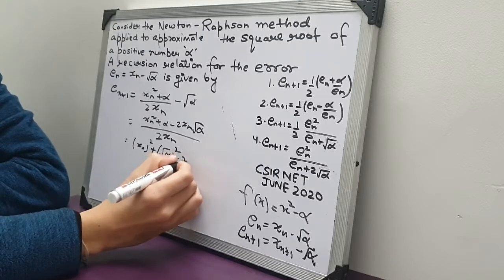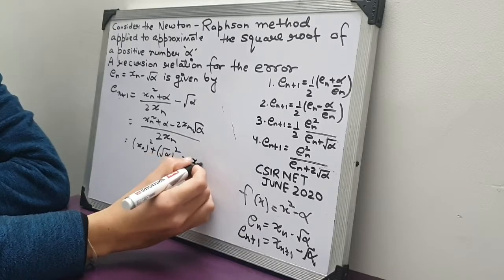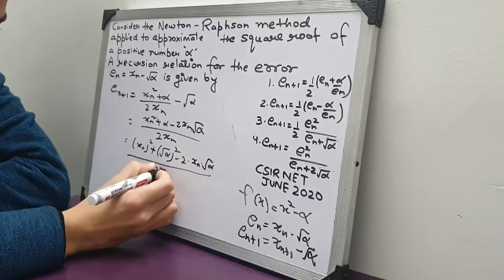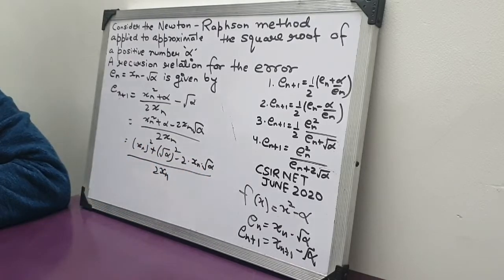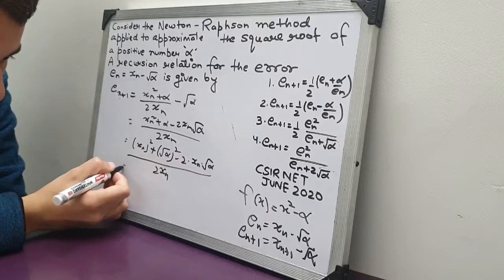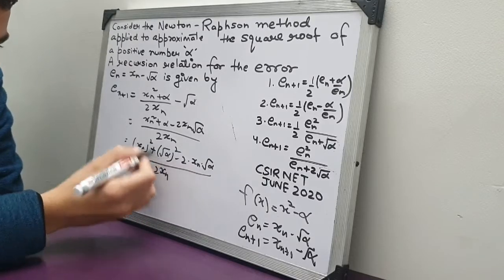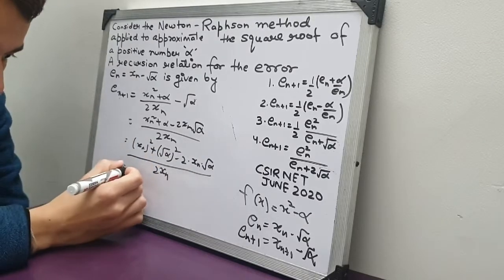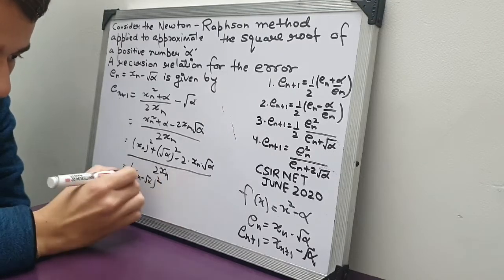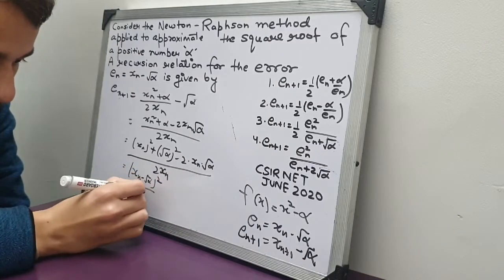And now this can be written as twice xn times square root of alpha. I hope this is very clear to you. Twice xn, there will not be any problem in this. Fine. The above expression can be written as xn plus square root of alpha whole square minus xn minus square root of alpha whole square upon twice xn.